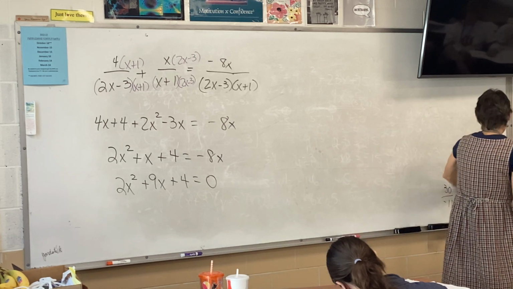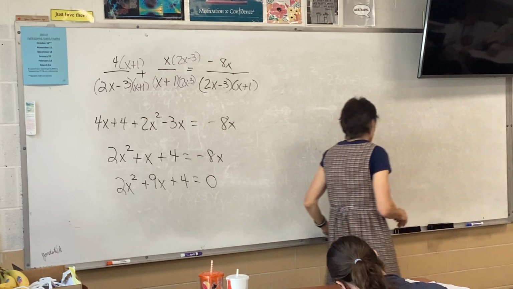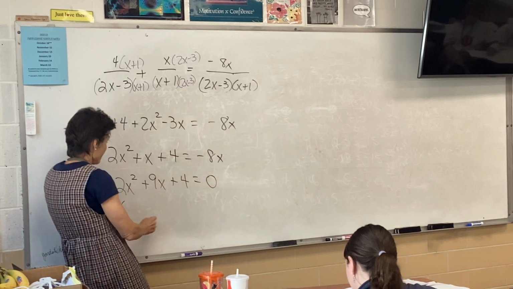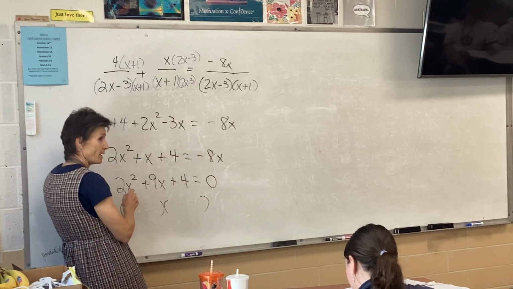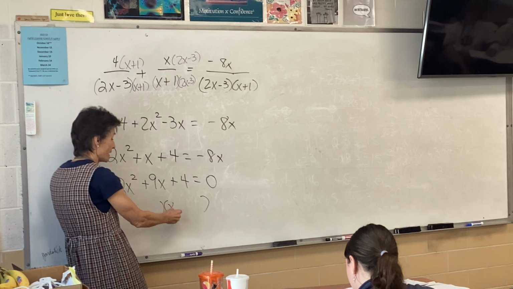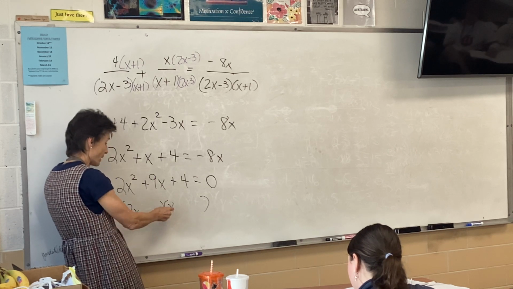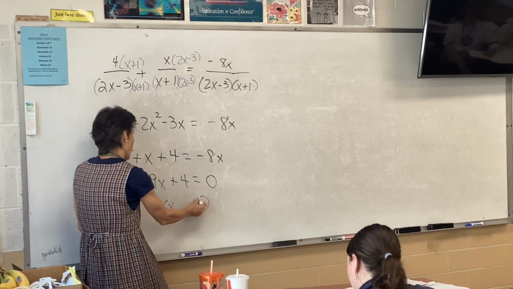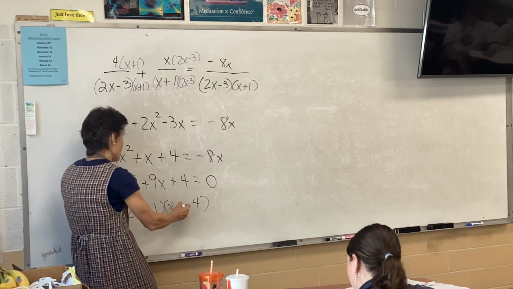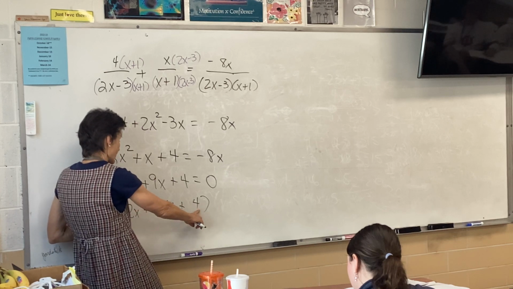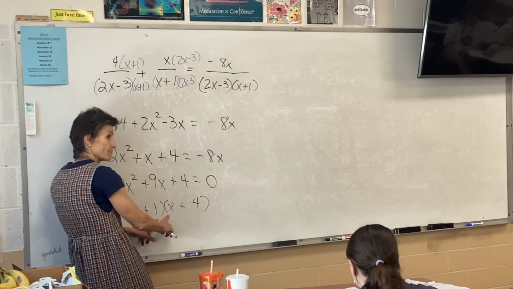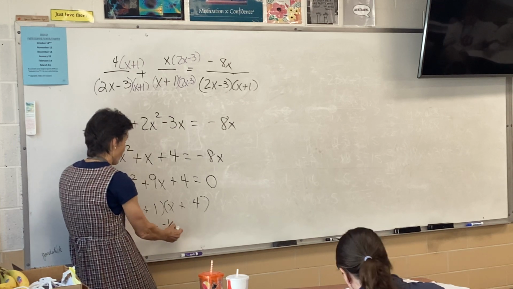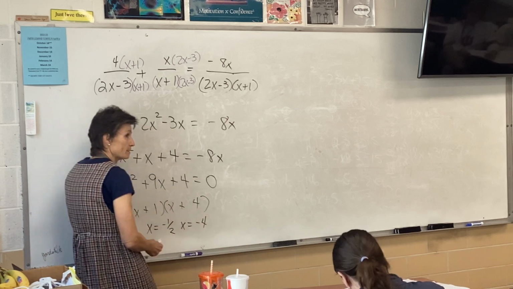Factor. It does factor. So when you can see that, go ahead and factor it. Because there's a 2x squared here, you're gonna need a 2x and an x. That's how you get the 2x squared. And if I put the 4 here and the 1 here, do you see how I'll get my 9? That's 8 and 1. So x is gonna equal negative 1/2 or negative 4.